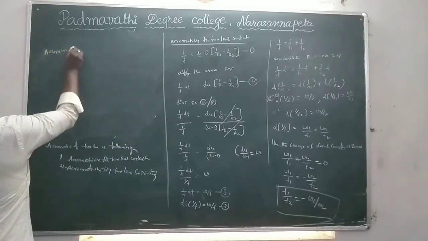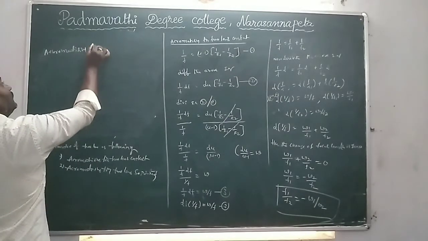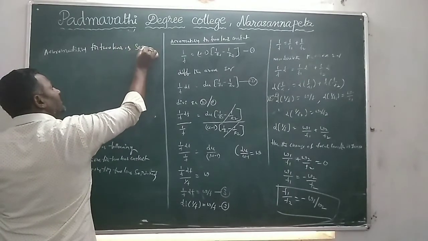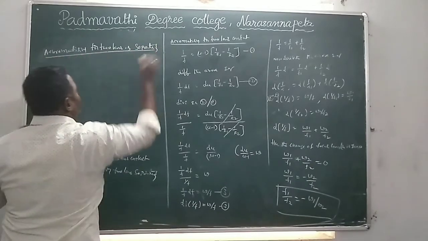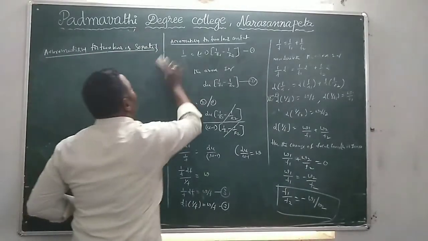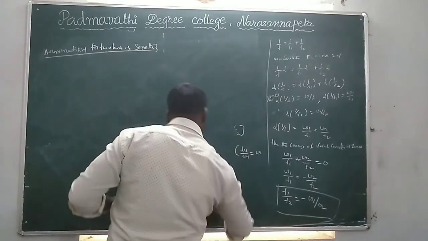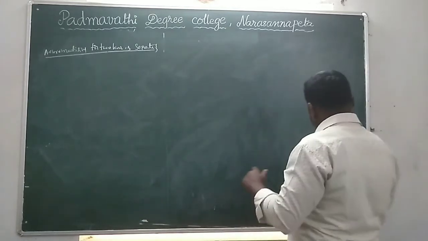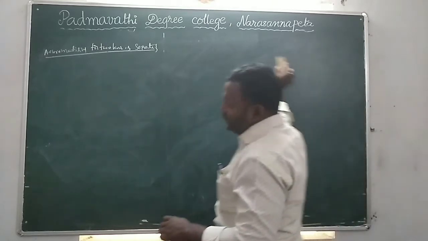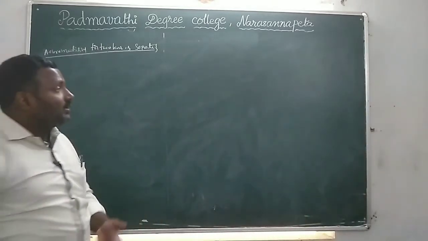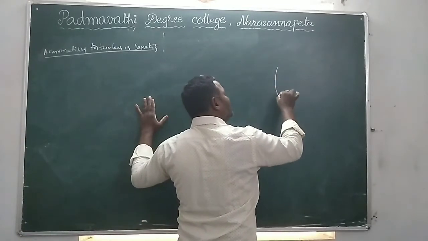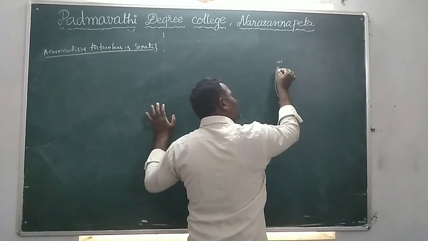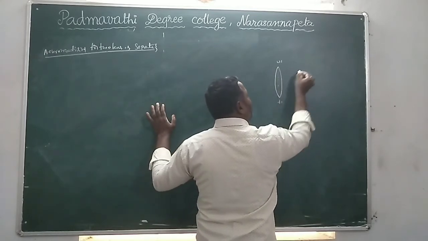Now we discuss, so let us say this is one of the lenses, omega 1, f1, and next this is separated by a distance.